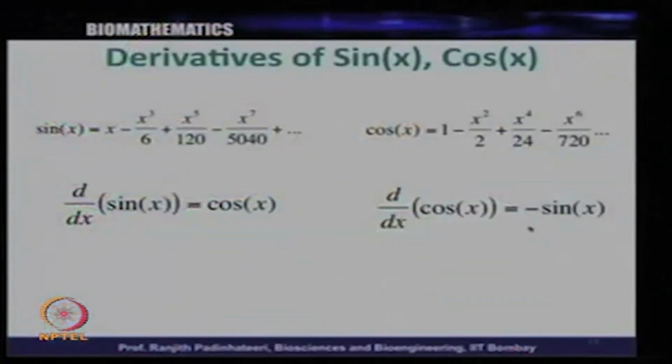We have to just use these two rules: first, find individual derivatives and sum them, and the other rule that derivative of x power n is n x power n minus 1. If we use these two rules, we can find the derivative of sin x and cos x, and you will see that sin x derivative is nothing but cos x, and the derivative of cos x is minus of sin x.